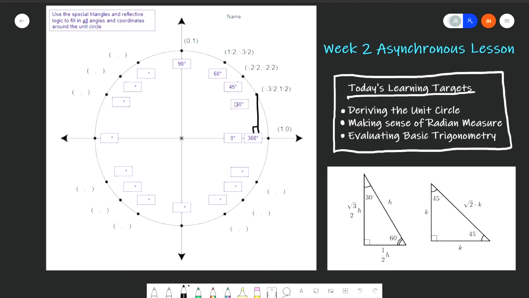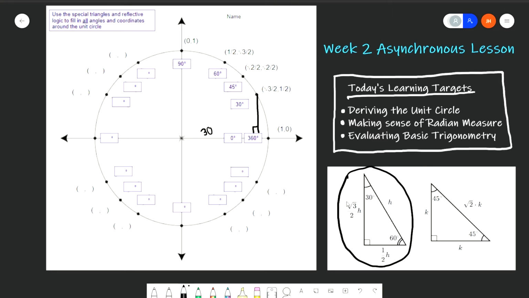Now, notice that this right triangle here has a 30-degree angle, and so therefore it is a 30, 60, 90 triangle like I have right here, right? And so what am I going to do with this 30, 60, 90 triangle? Well, we knew that the long side of that triangle would be the square root of 3 over 2 in length. And we knew that the shorter side would be 1/2 in length.